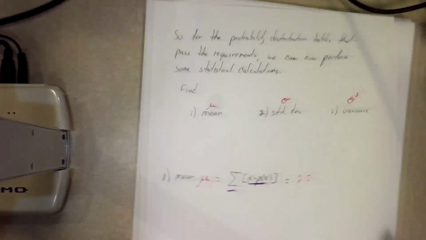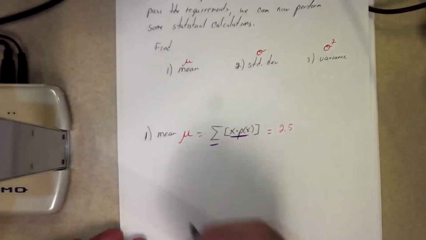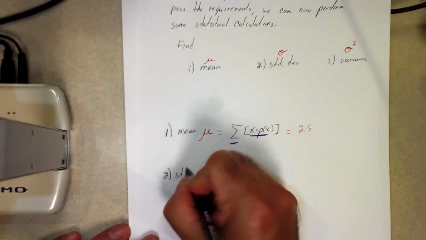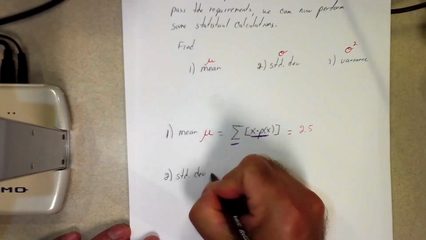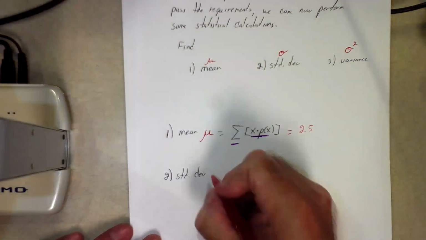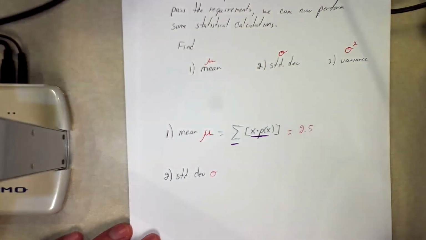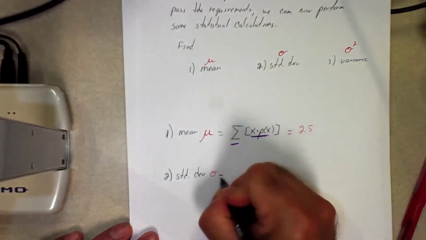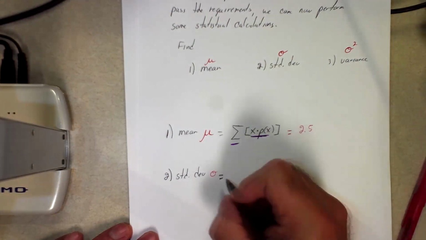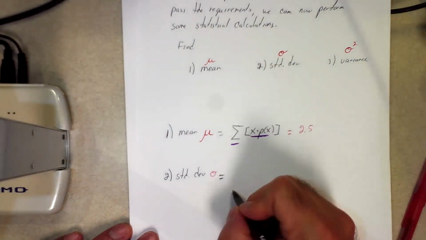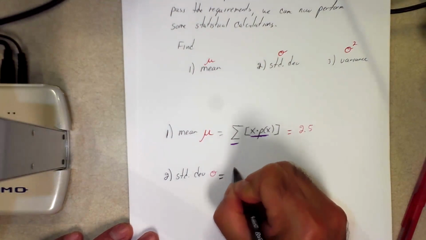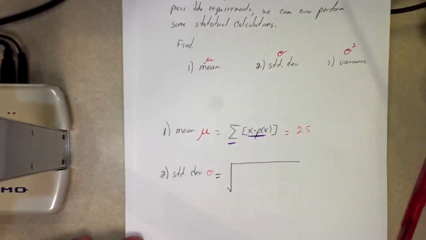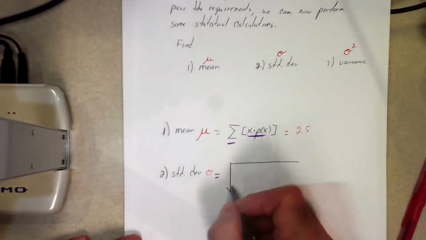Okay, now I got to show you how to find the standard deviation. Standard deviation, that is the curly sigma. Now this is going to be a little hard on your eyes. This is going to be a little challenging. So here it goes. You have this symbol, which is the square root.